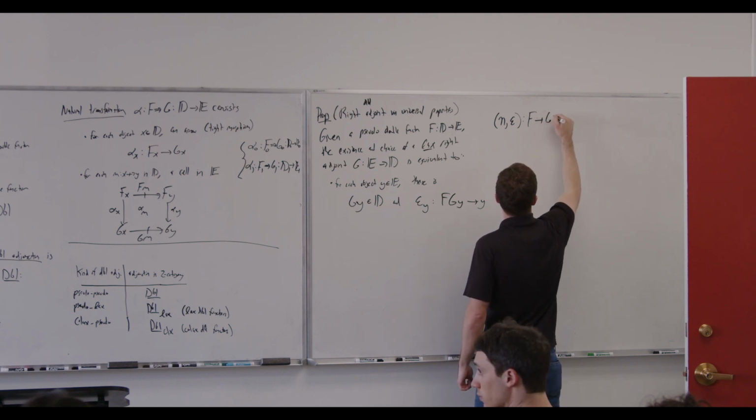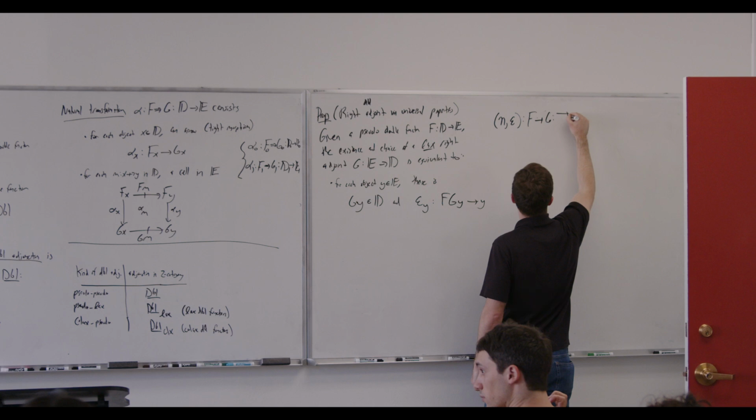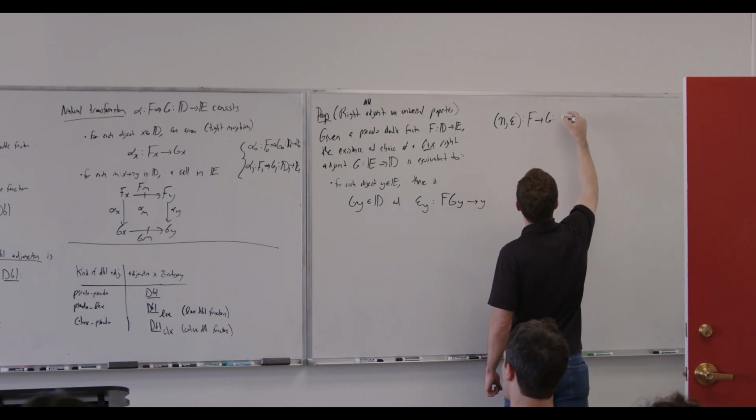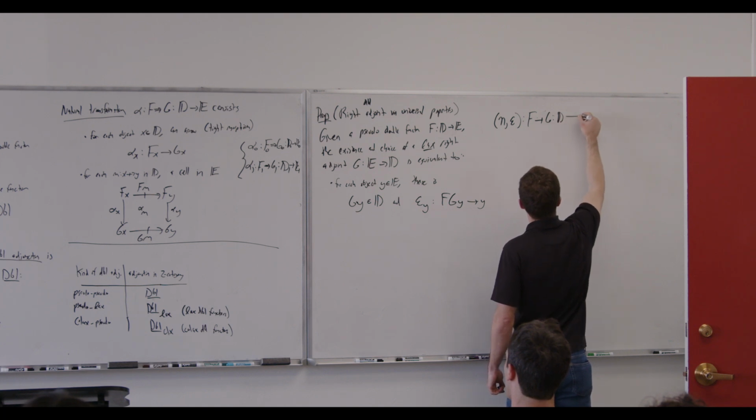And then are you basically saying that on the type category there's an adjunction? Yeah, exactly. I can do it any way I want. I can do it with universal arrows if I want. This is just a particularly nice way to do it.